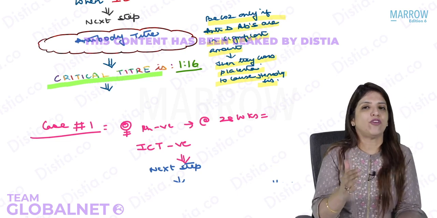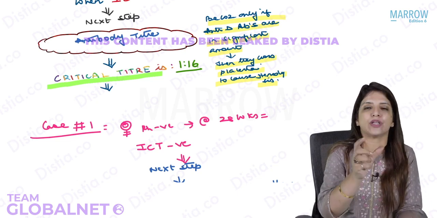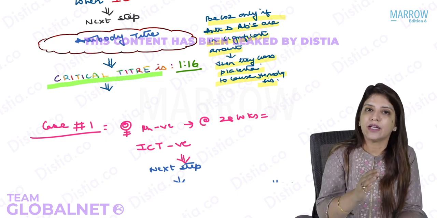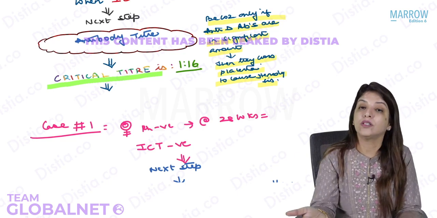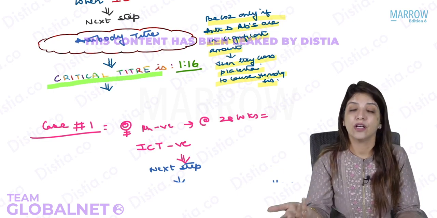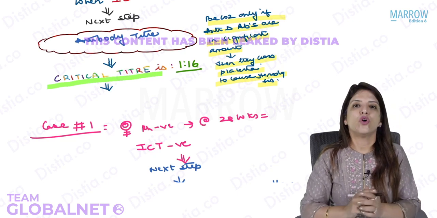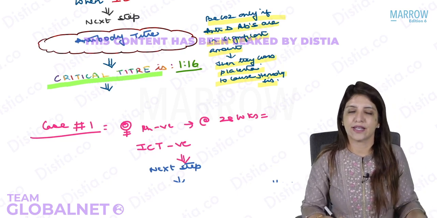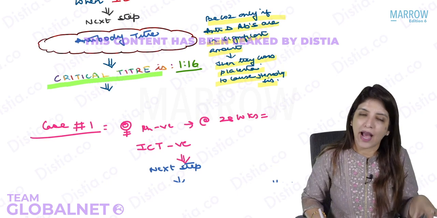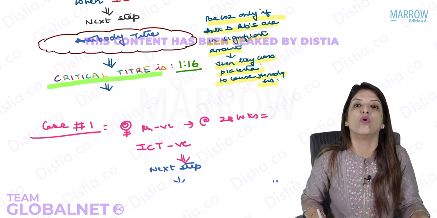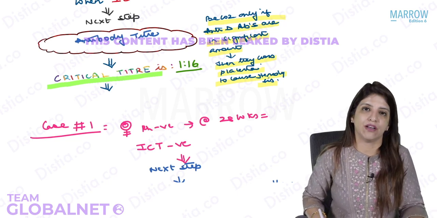Similarly, 1:32 means significant, 1:64 means significant. So do not apply maths here: if antibodies are present in 1:16 dilution and more than that, then it is significant.